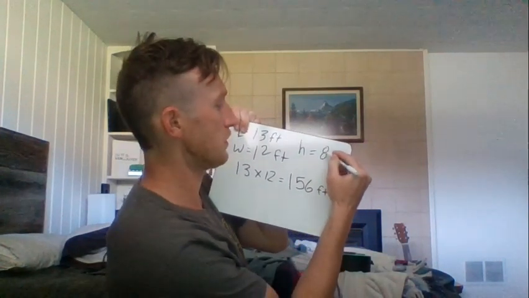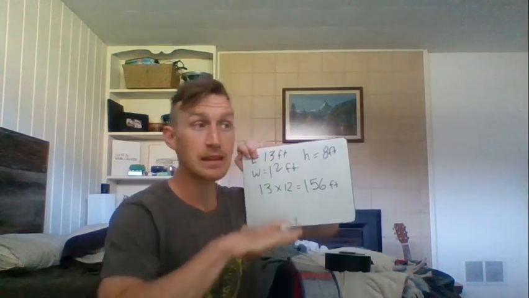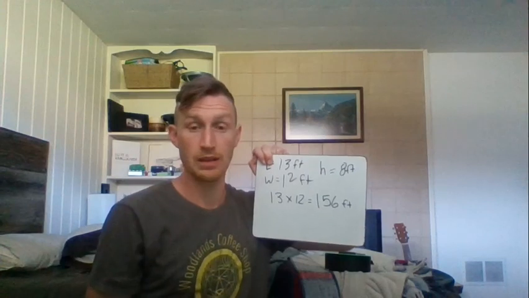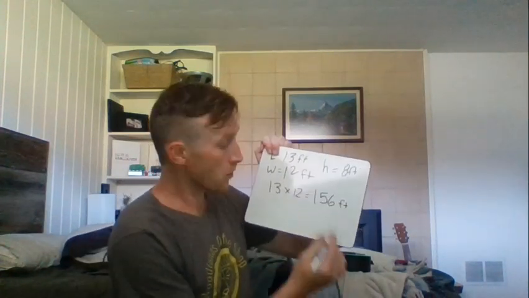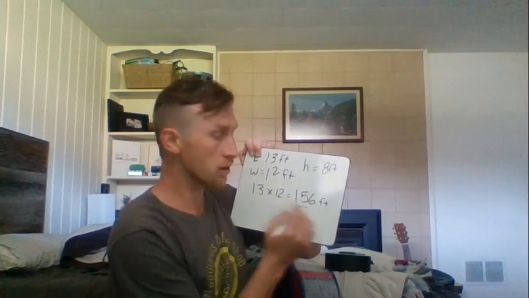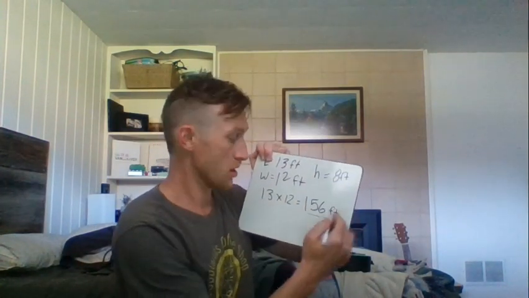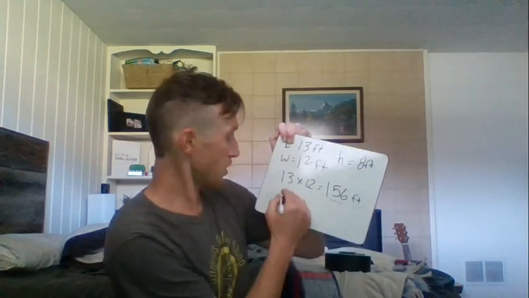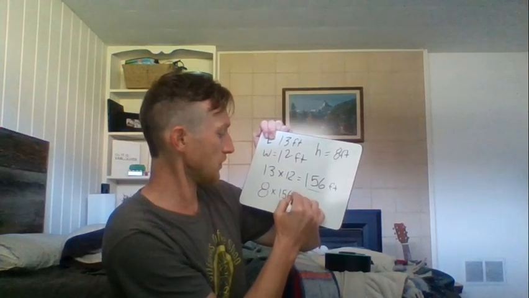So my height equals 8 feet. What that means is I have 8 layers of 1 foot cubes that would fit in this room. So I am going to multiply by 156, basically like saying 8 groups of 156 cubes. 8 layers of 156 cubes.